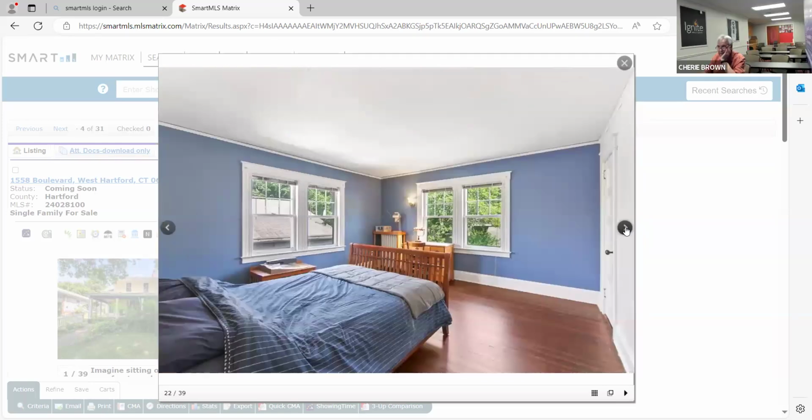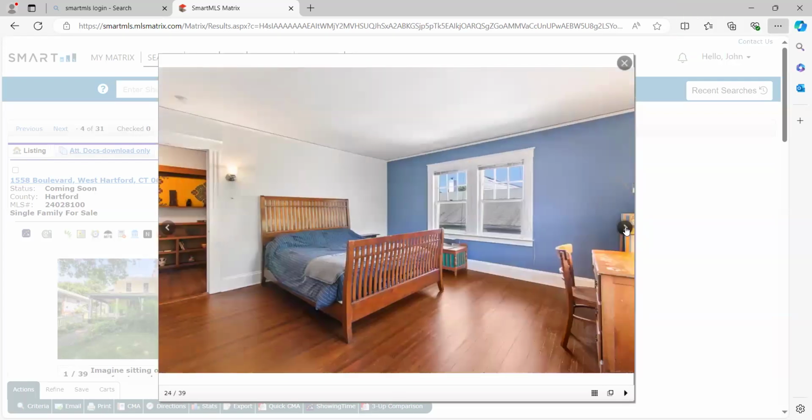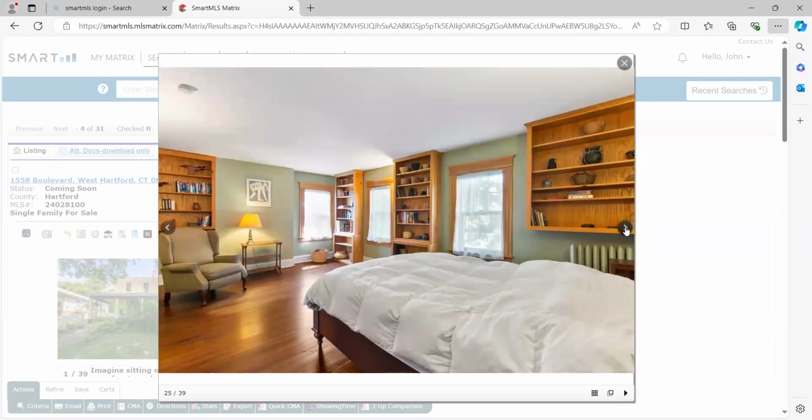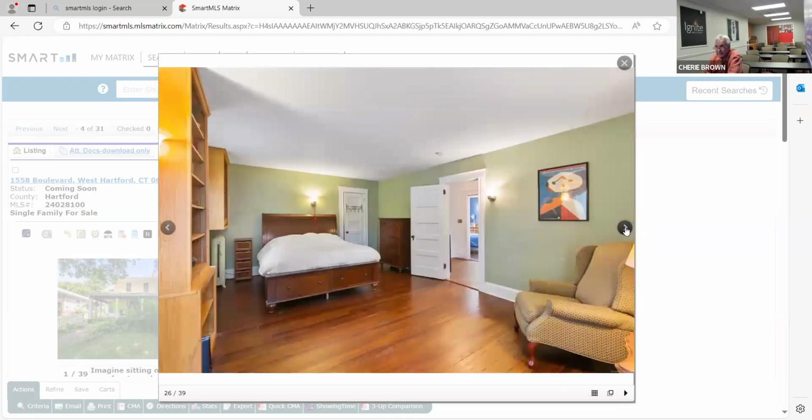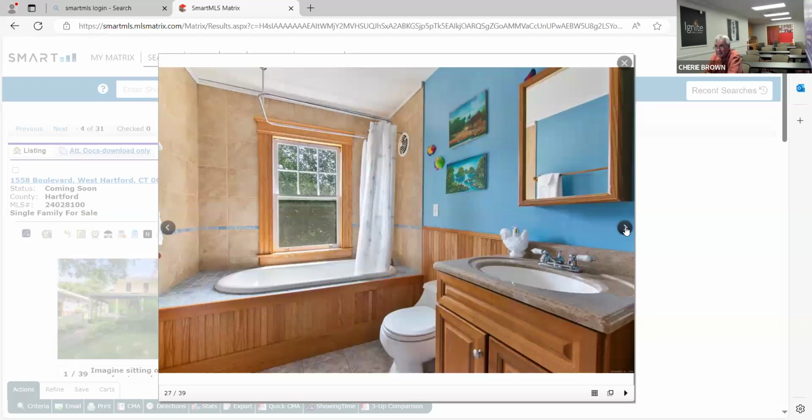It probably falls below the average, but it's got location because it's close by.